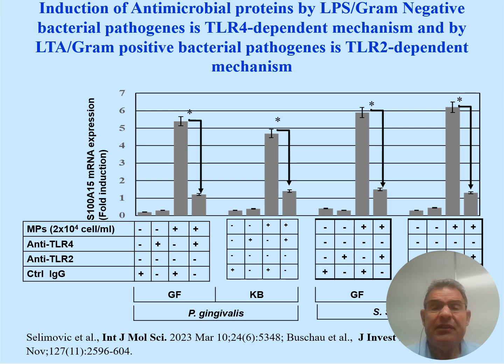That is, gram-negative bacteria are modulated via toll-like receptor 4 and gram-positive bacterial pathogens are mediated through toll-like receptor 2.